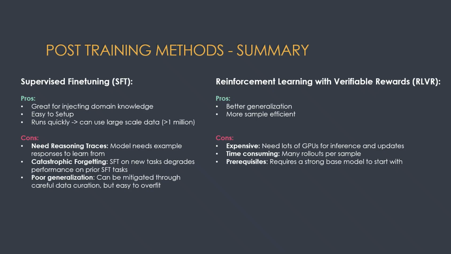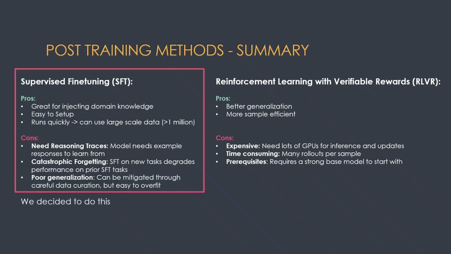Otherwise, the reward signal is too sparse. The model might never produce strong reasoning traces to learn from. So given our compute budget and the scale of medical data we had, we decided to focus on SFT for this work. RL is a great direction for follow-up, which I'll touch on at the end of the talk.